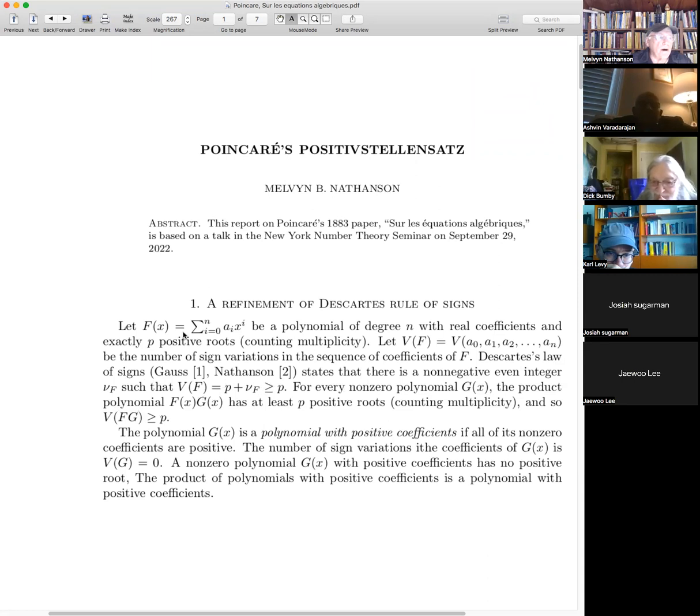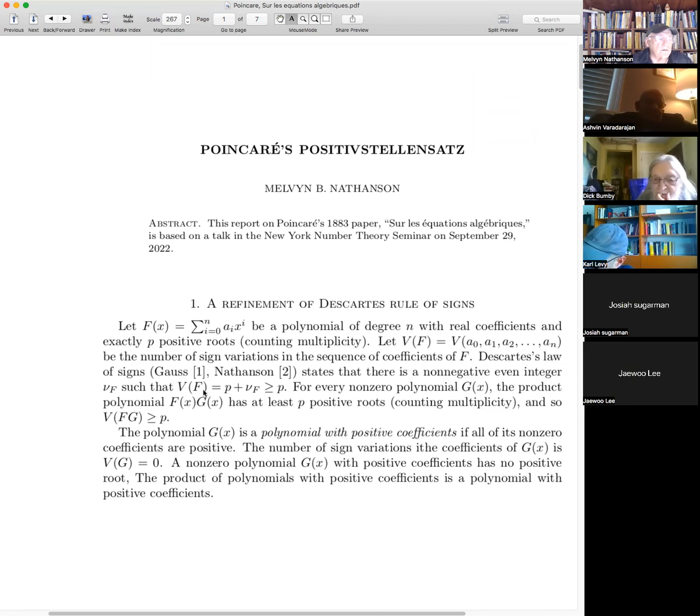If you take a polynomial f in one variable, doesn't matter what the degree is, say degree n, with real coefficients, and it has exactly p strictly positive roots counting multiplicity, and you look at the sequence of the coefficients of the polynomial, you let v of f be the number of sign changes in this sequence.